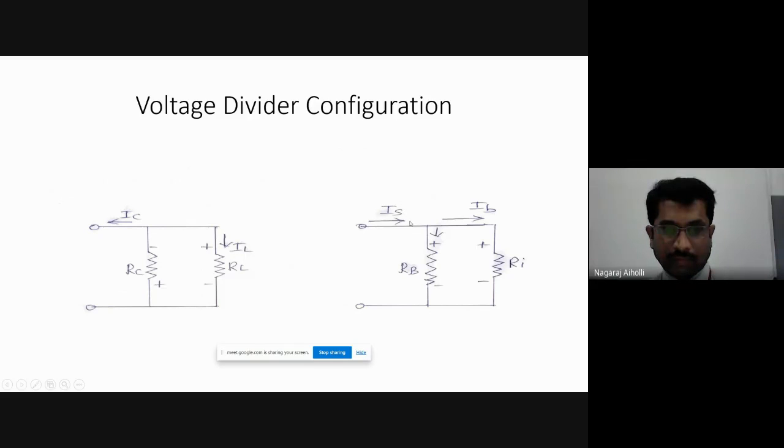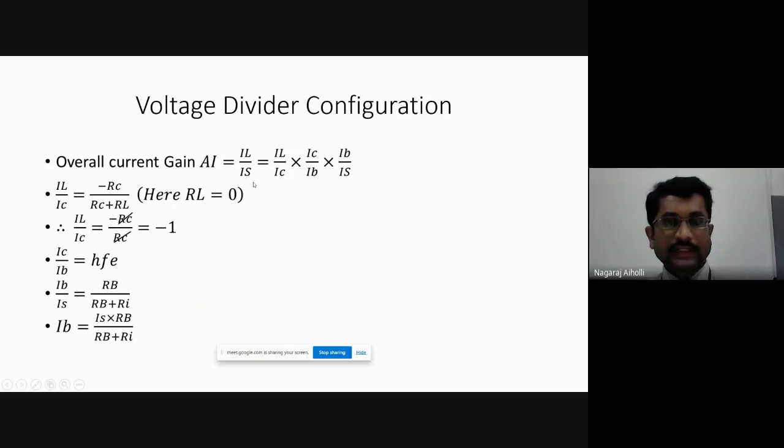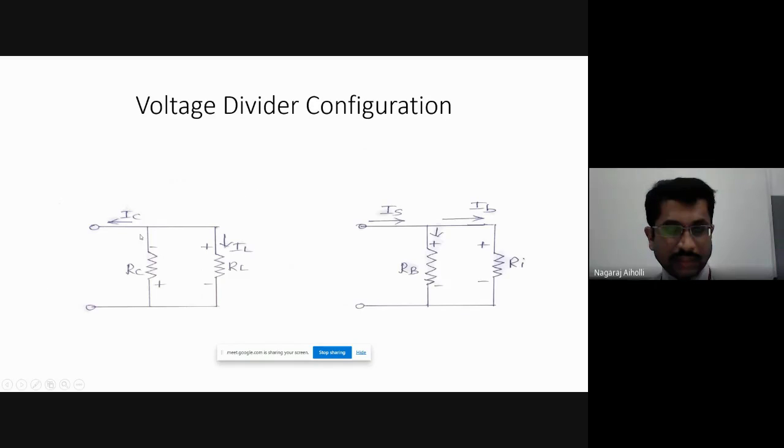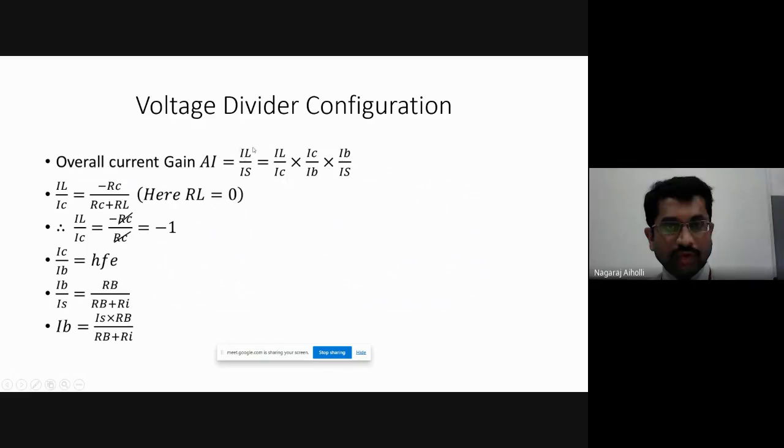So we write the formula for current gain as IL upon IS is equal to IL upon IC into IC by IB into IB by IS. This gives the ratio of output current to input current, or the current gain.